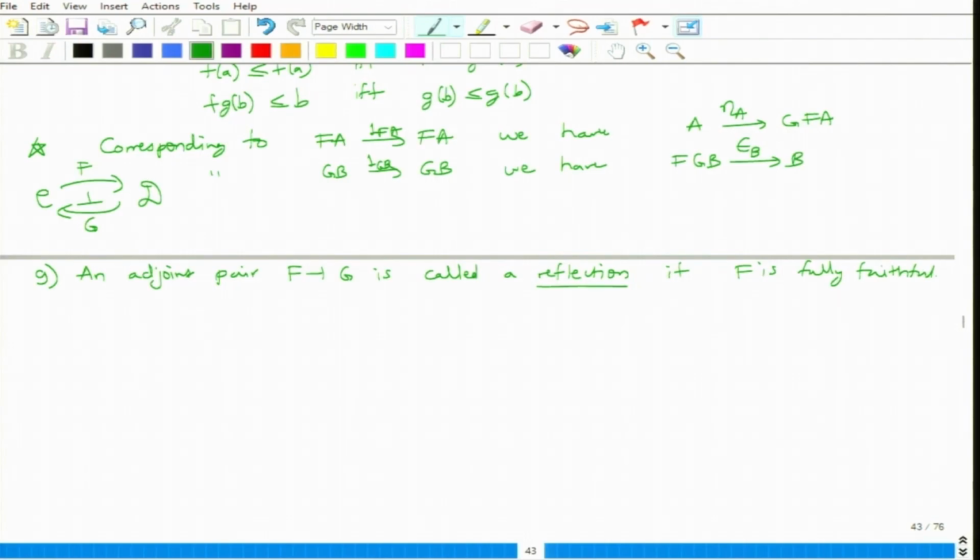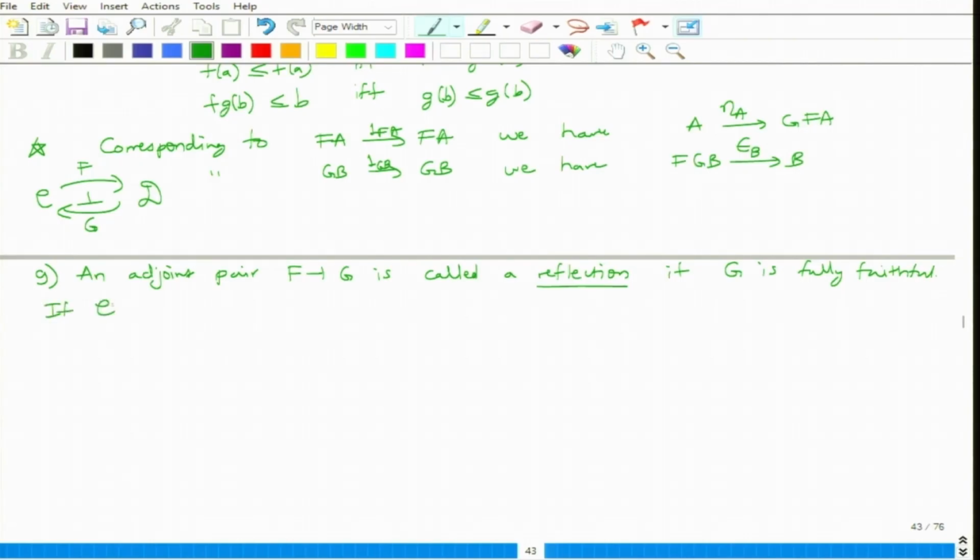So, you remember the characterization of equivalence of categories? One functor is part of an equivalence of categories if and only if it is fully faithful and essentially surjective. We are dropping essential surjectivity. We are just saying, oh sorry, I'm doing it wrong. If G is fully faithful, yeah, the right adjoint is fully faithful. So we are dropping essential surjectivity and just asking for this.